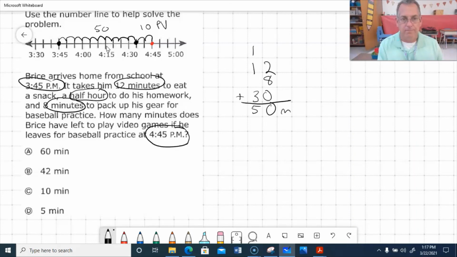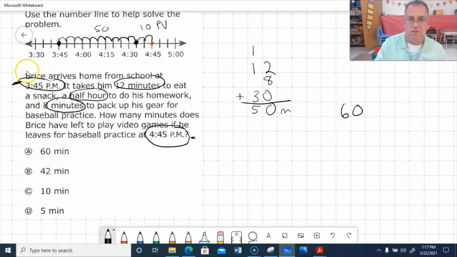Okay, we could go ahead and look at the time that he gets home from school to the time he has to leave. So from 3:45 to 4:45, I know that would be exactly 60 minutes. Because whenever I turn the minute hand all the way around the clock, from one point and bring it right back to the same point, so I'm taking it from the 9 all the way around to the 9 again, that would be 60 minutes.